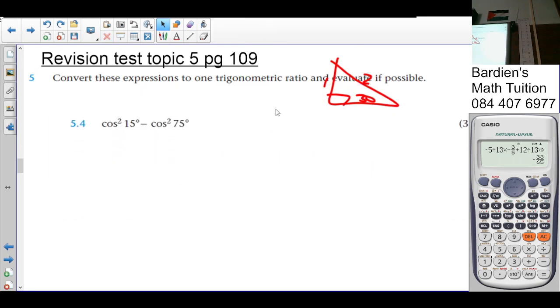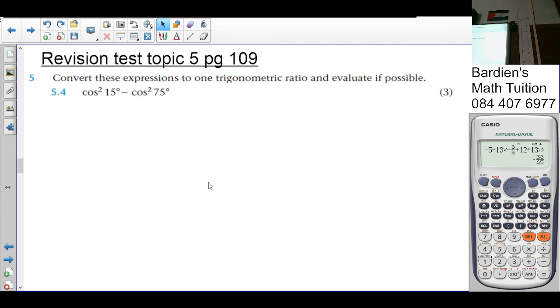Looking at the next one. Again, people, I'm going to try and get it in the same angle. As we can see, sine of 15 and 75 are co-functions or co-ratios. So what I do is I always keep my first and change the second.